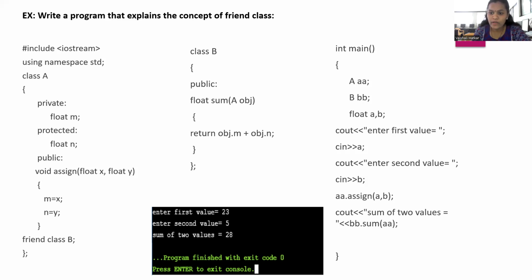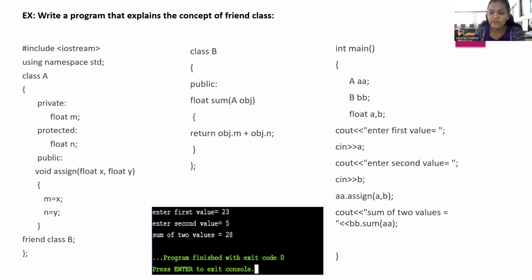Enter the first value, which is stored in A, and enter the second value, which is stored in B. AA is our object of class A. It will call the assign function, which is declared in the public section of class A, and we pass A and B, the numbers accepted from the user.